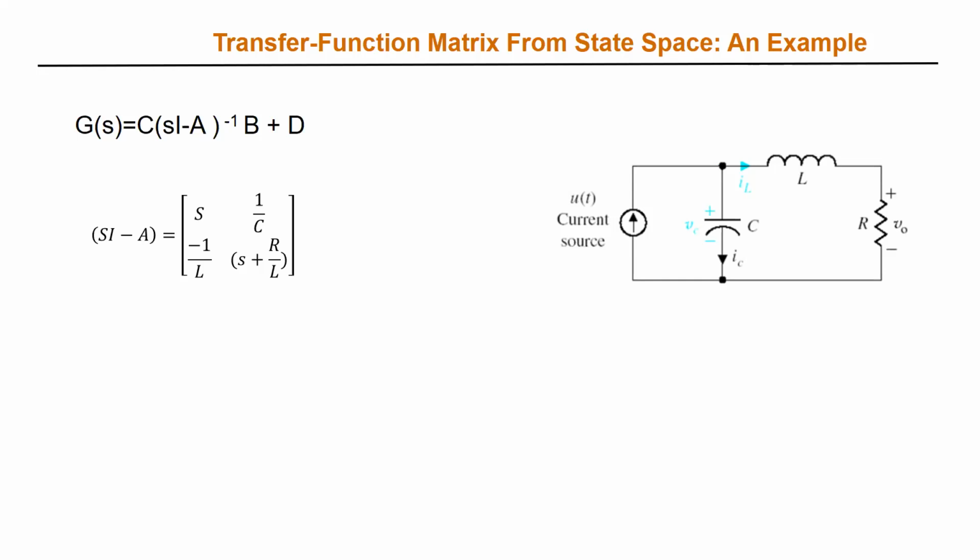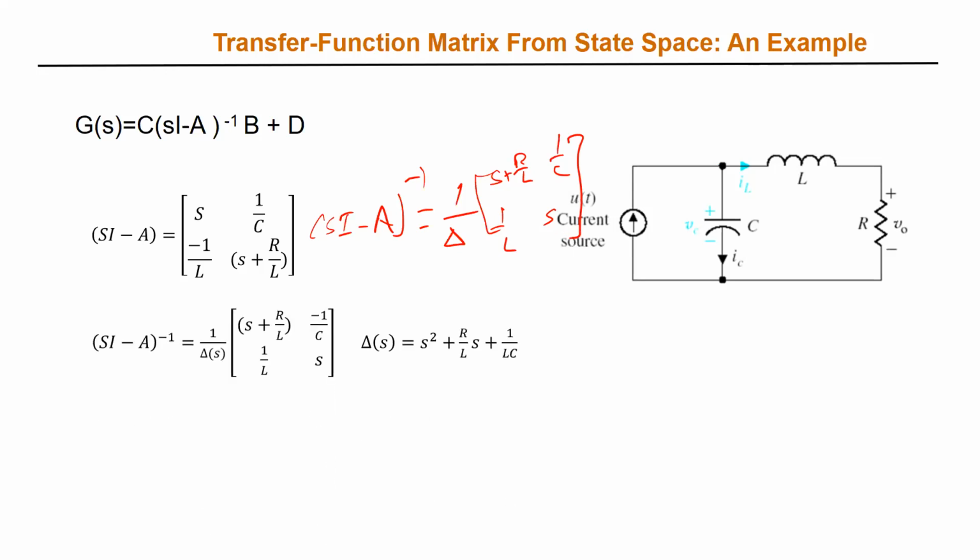Now this is 2 by 2, so the inverse of Si minus A equals 1 over the determinant, which is S times this one. Then for the other diagonal, you interchange the diagonal elements, S R over L and S, and in here I will change the sign only. 1 over C. This is the inverse.